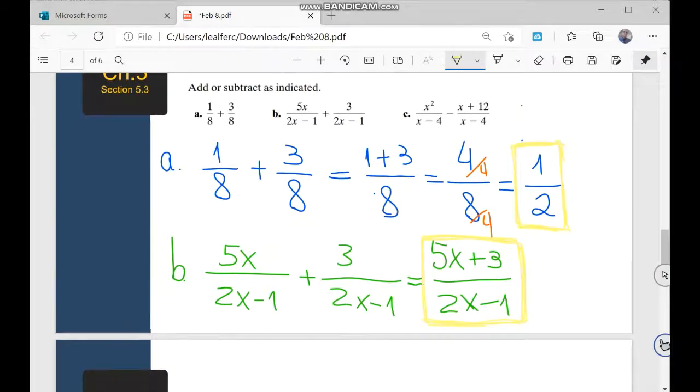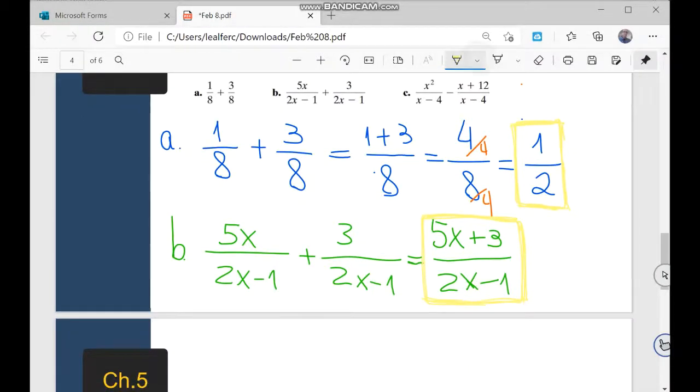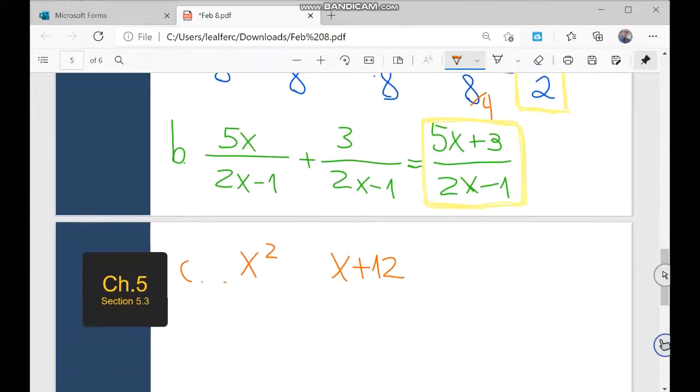And now there's a tricky one. Let us see. Check this. The denominators are x squared minus x minus 12, and the numerators are x minus 4 minus x minus 4.